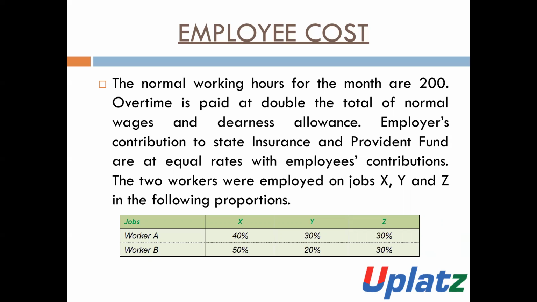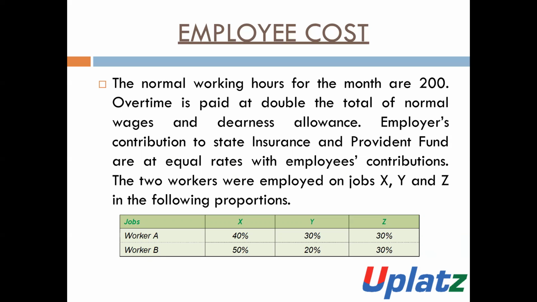Employers' contributions to state insurance and PF are at an equal rate with the employee contribution. The two workers A and B are employed on jobs X, Y, and Z in the following proportion.